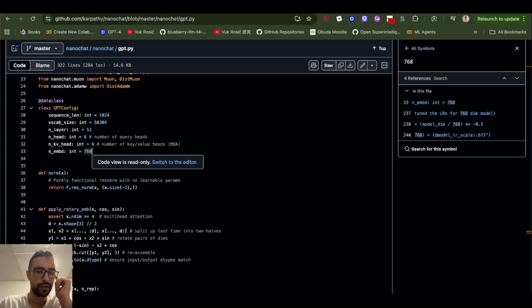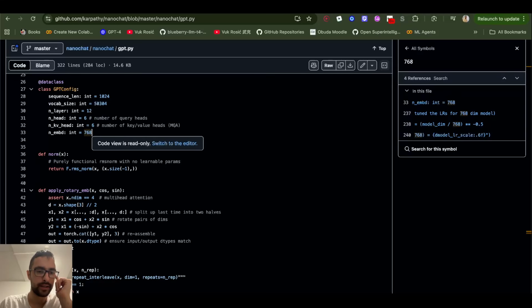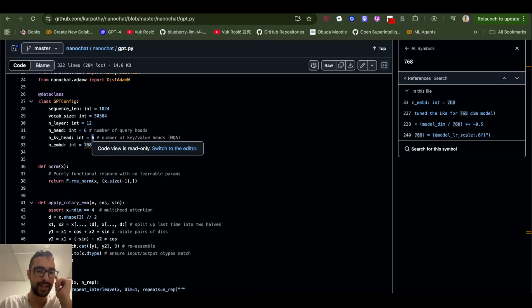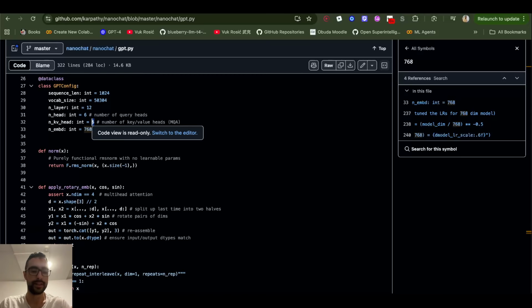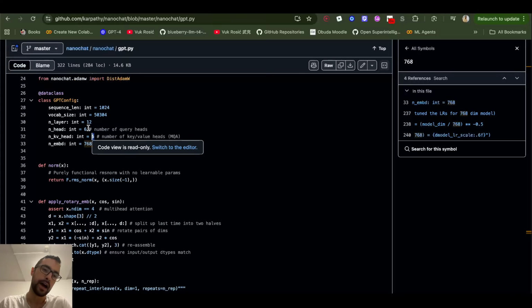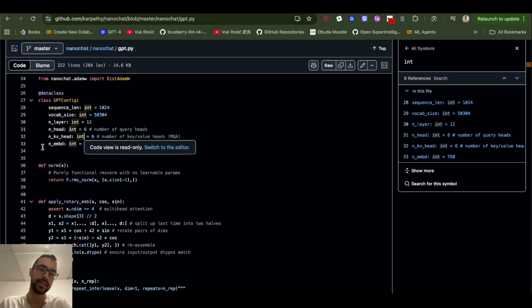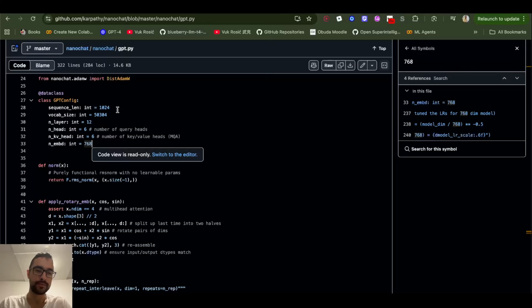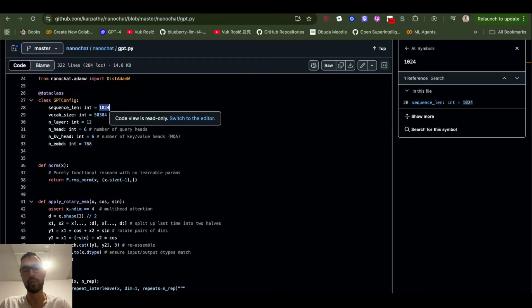These are also a bit weird numbers, like 6 is not a power of 2. I wonder what his opinions are on this, but I also find out that these hyperparameters work well. I would expect here to be maybe 2048, but I'm wondering why he chose this.